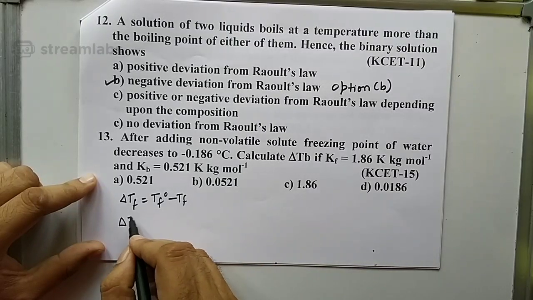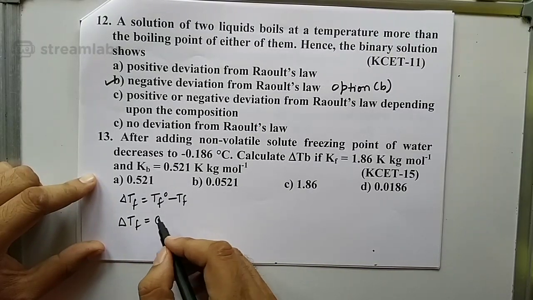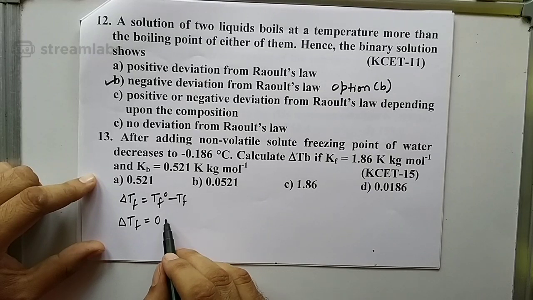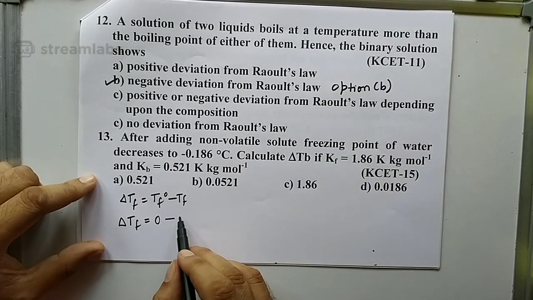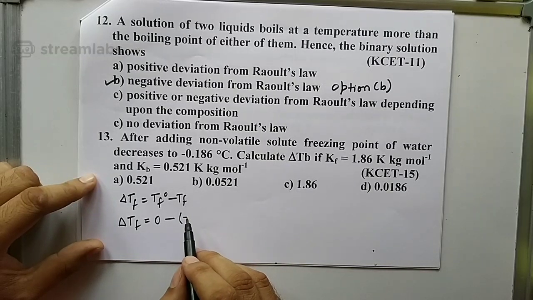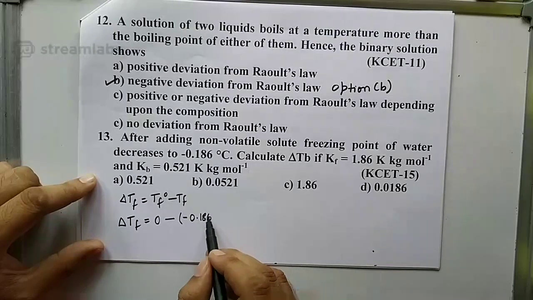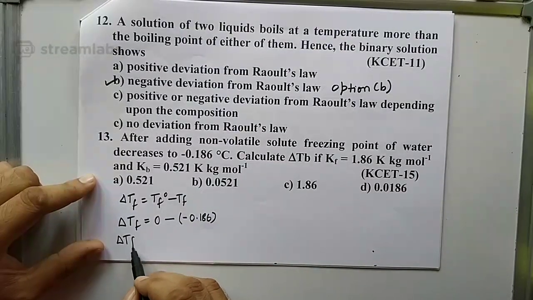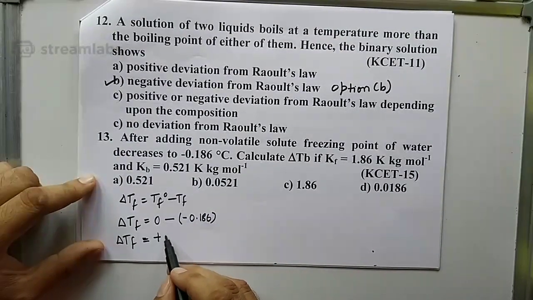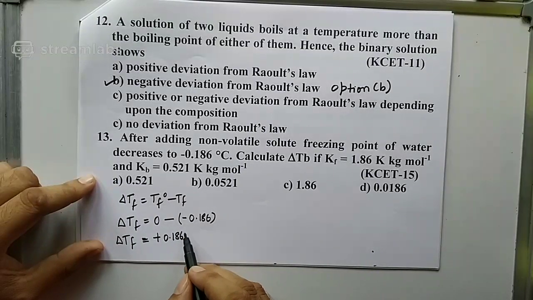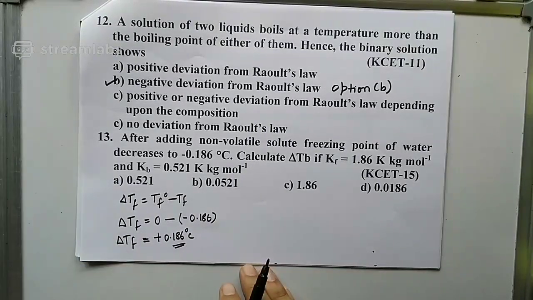So delta TF should be equal to 0 degrees, the freezing point of water, minus, which is given as minus 0.186. So delta TF is equal to plus 0.186 degrees Celsius. I think this is clear, students.